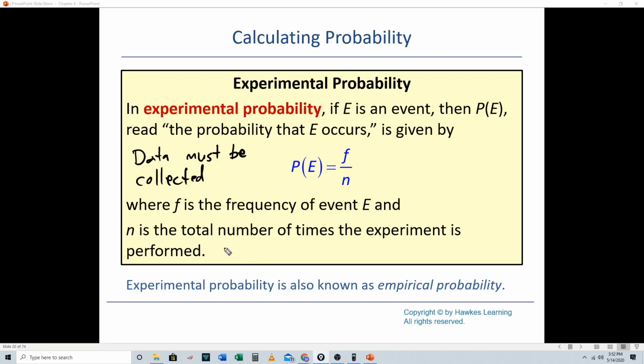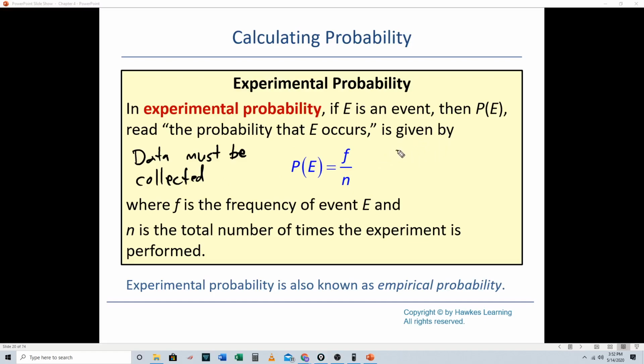If I flip a coin, what's the probability of getting heads? Well, we know it's 50-50. That's not experimental probability because I didn't flip any coin. I just know there's only 2 outcomes and one of them's heads, so 1 out of 2, 50%. So in order to do experimental probability, I have to actually flip the coin.